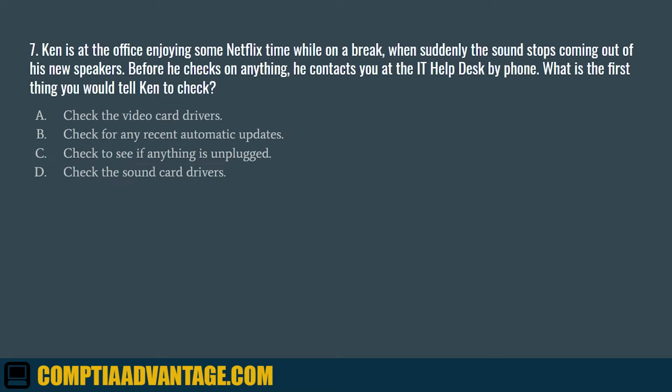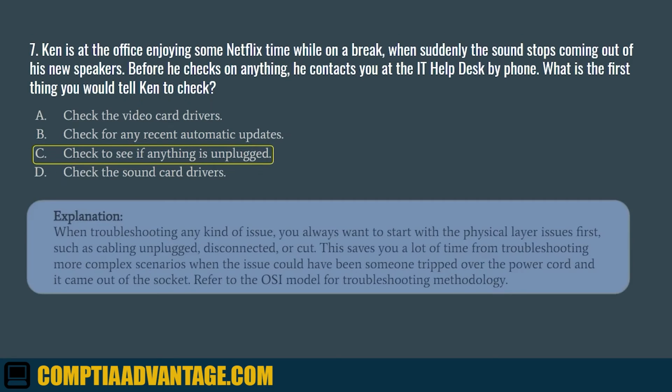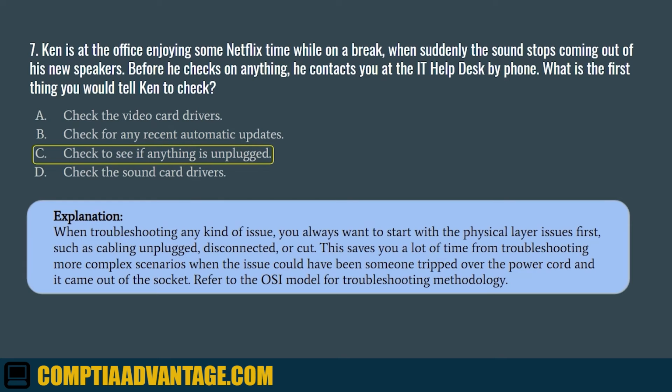The correct answer is C. Check to see if anything is unplugged. When troubleshooting any kind of issue, you always want to start with the physical layer issues first, such as cabling unplugged, disconnected, or cut. This saves you a lot of time from troubleshooting more complex scenarios when the issue could have been someone tripped over the power cord and it came out of the socket. Refer to the OSI model for troubleshooting methodology.